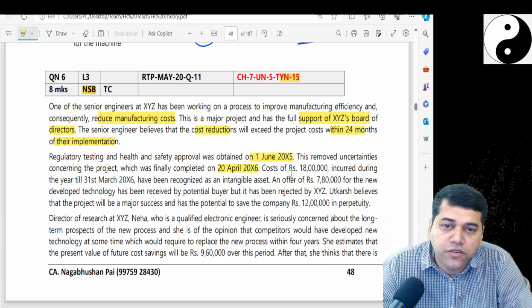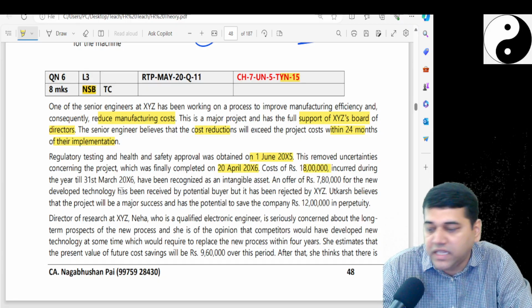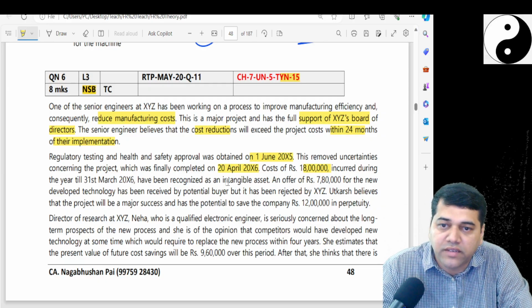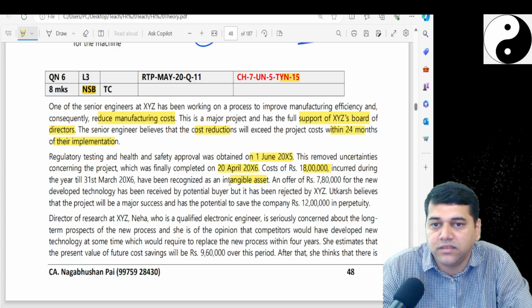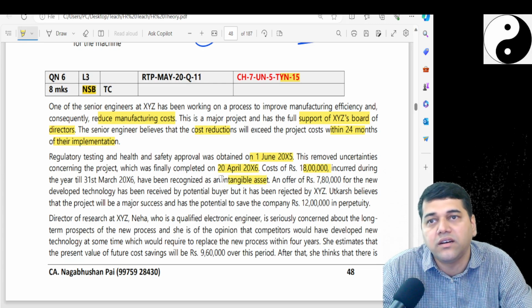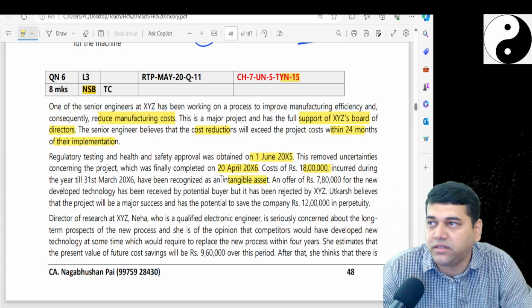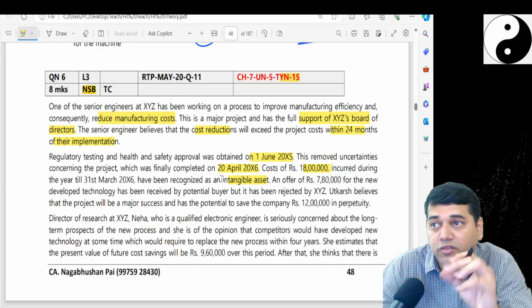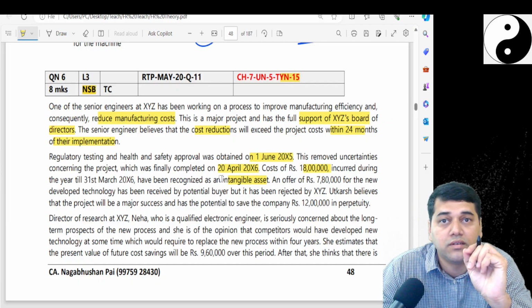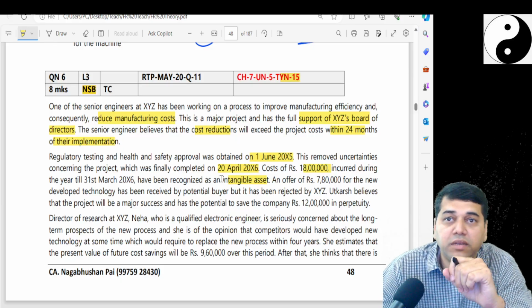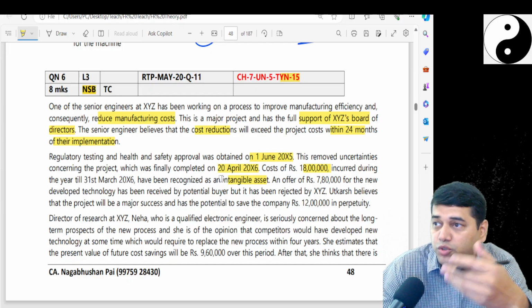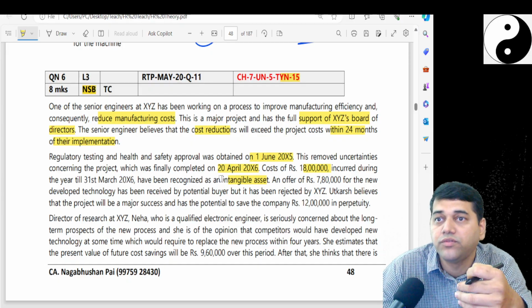Now the cost of 18 lakh rupees incurred till the year end, 31st March 2016, has been recognized as an intangible asset. Yeah, this is Ind AS 38; your intangible asset is applicable here. Now you need to tell me, can I really recognize it as an intangible asset? And when it's an intangible asset, is it subject to an impairment? Am I supposed to do an impairment review? Which one?